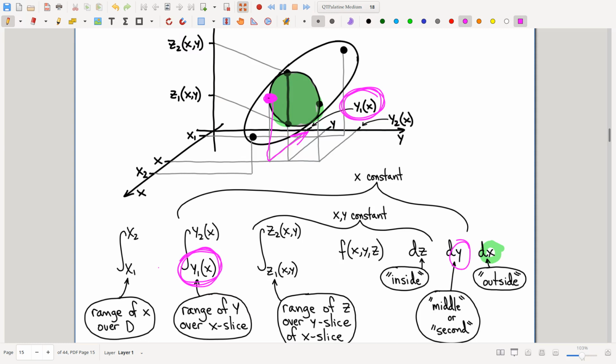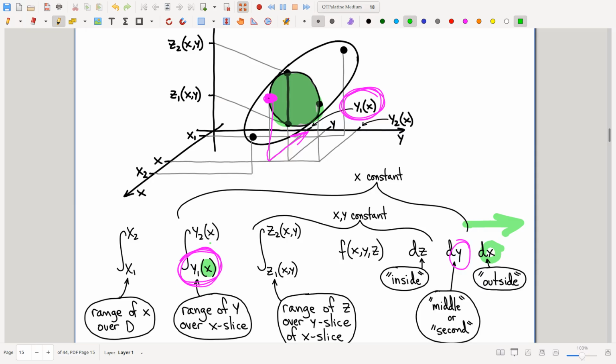Different x slices will give me different points, which will give me different y lower bounds. Because it depends on x, the variable further to the outside, it is a function of that variable further to the outside. Just like with double integrals. Everybody happy?